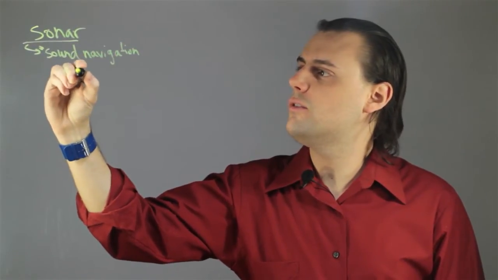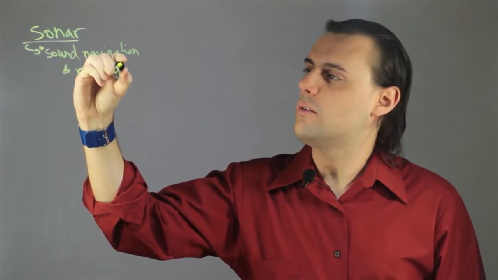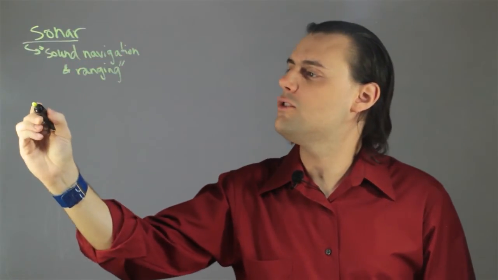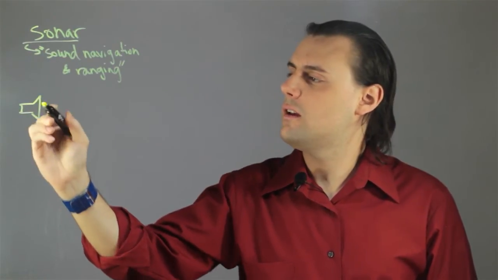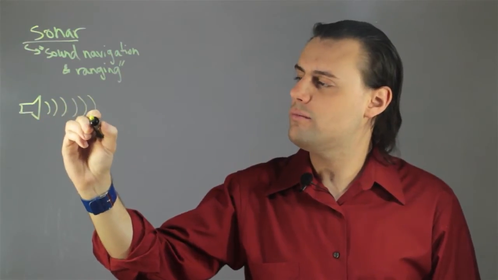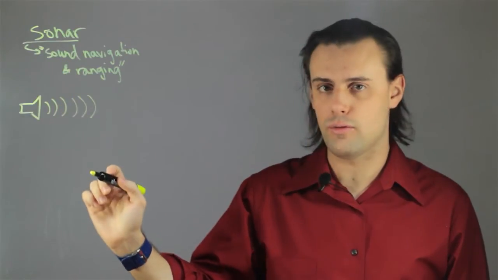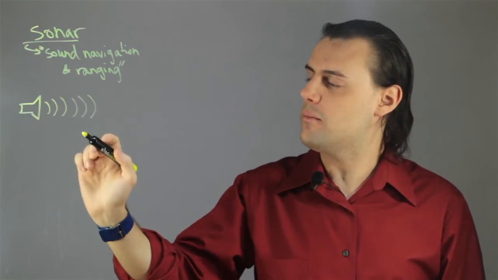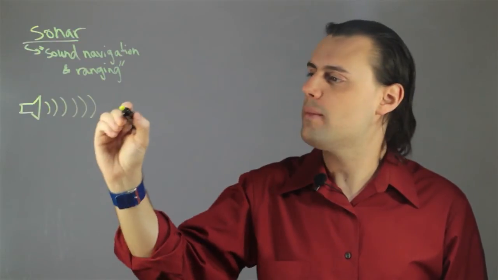And it involves a source, some sound source, so a transmitter, such as a speaker, that sends out an acoustic wave through some medium. Typically, sonar is used underwater, but it doesn't matter as long as there is some medium by which the sound waves can travel.